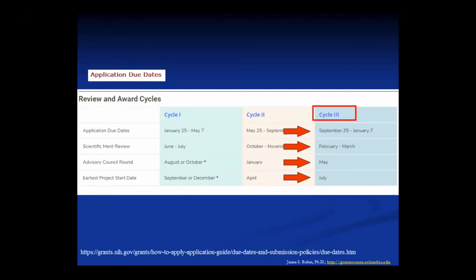And then about 3 months later, after some administrative details are taken care of, NIH will issue what's called the Notice of Grant Award, officially starting your grant and supplying funding. So it's about a 9-month process, as you can see. If you apply for one of the October or November deadlines, you're going to get funded at around July 1st of the following year.